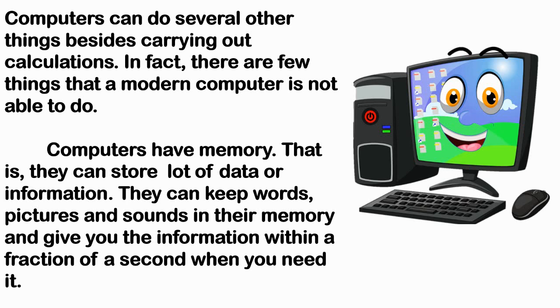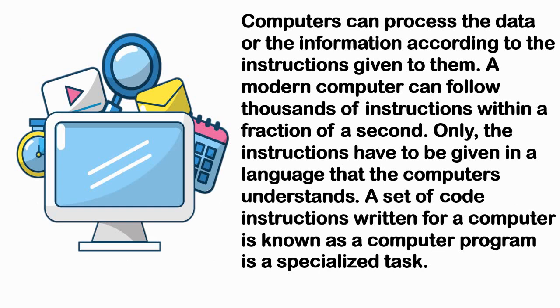Computers can process the data or the information according to the instructions given to them. Whatever you want the computer to do, that is the instruction that you give, and the computer will follow it accordingly.